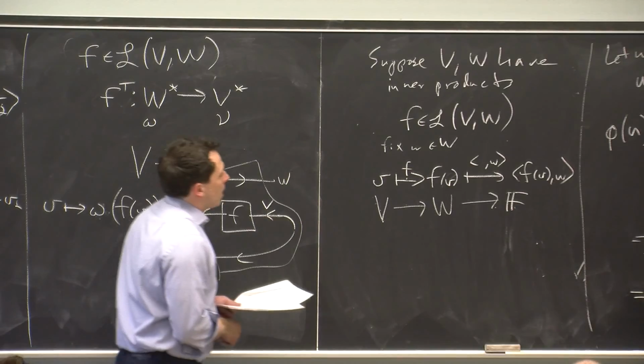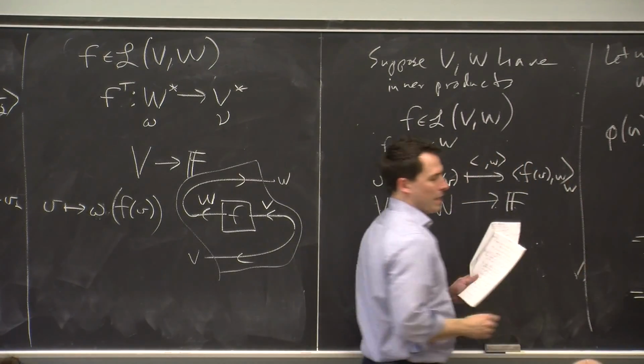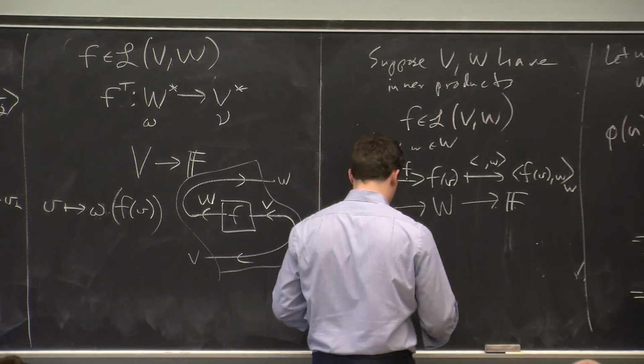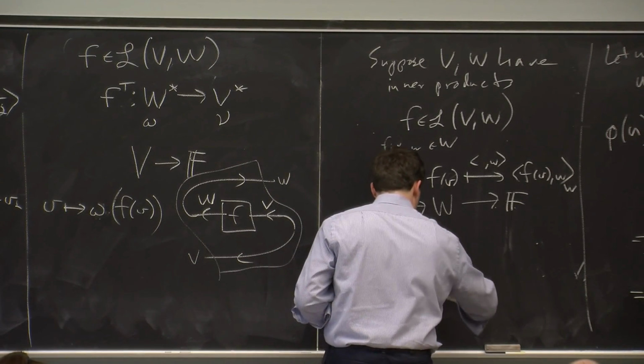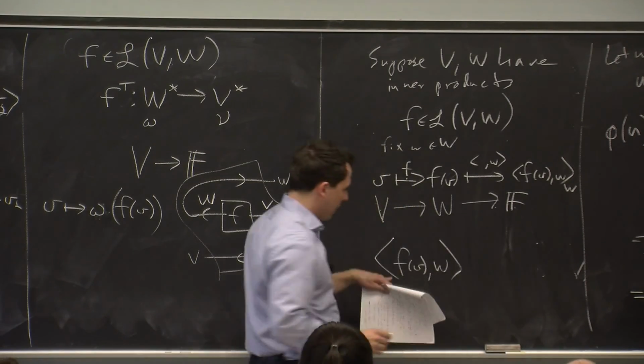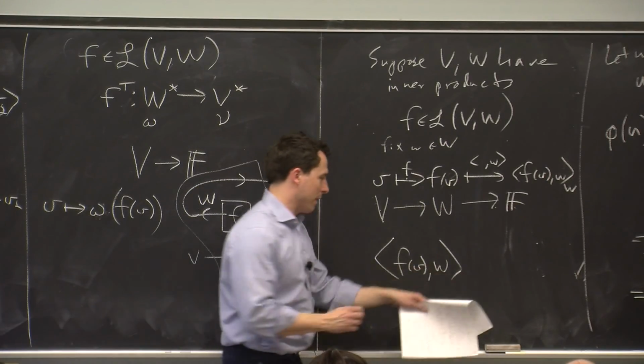And the idea is that this inner product here is being taken in W. Right? F of V, w. I have two vectors, and I have one map, and I have an inner product.